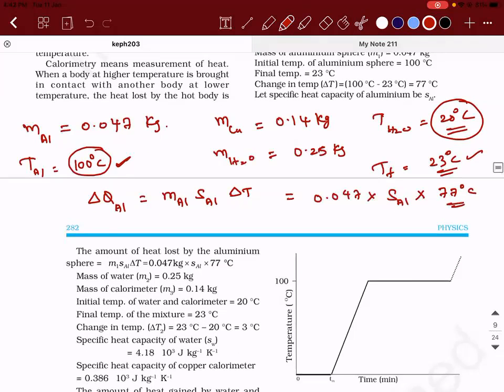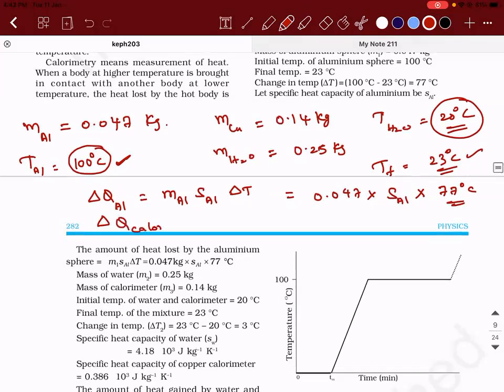Okay. Now, what is the amount of heat gained by the calorimeter? So the amount of heat gained by the calorimeter is mass of copper into specific heat of copper into delta T plus mass of water into specific heat of water into delta T. Correct?